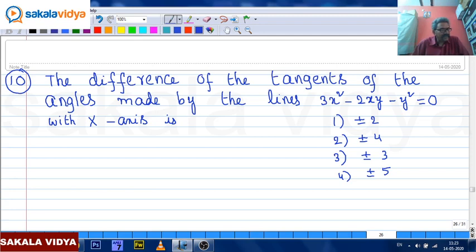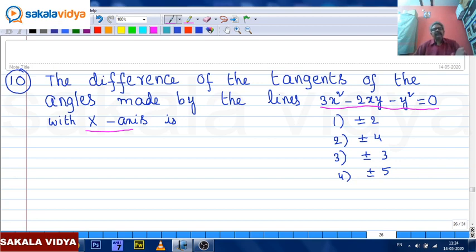See here, we are asked actually the difference of the tangents of the angles made by the lines 3x square minus 2xy minus y square is equal to 0 with x-axis. That means, for example, the angle made by the first line with x-axis is theta 1, theta 2 be the angle made by the second line with x-axis.